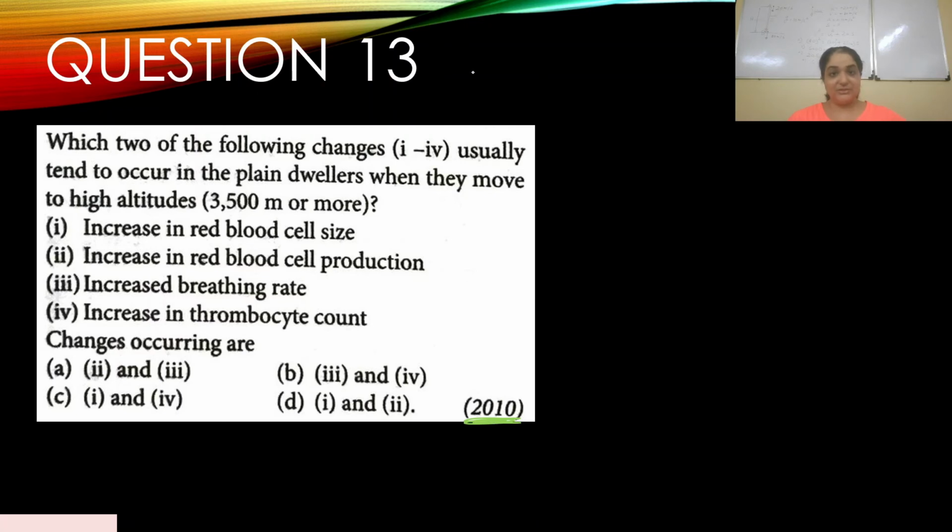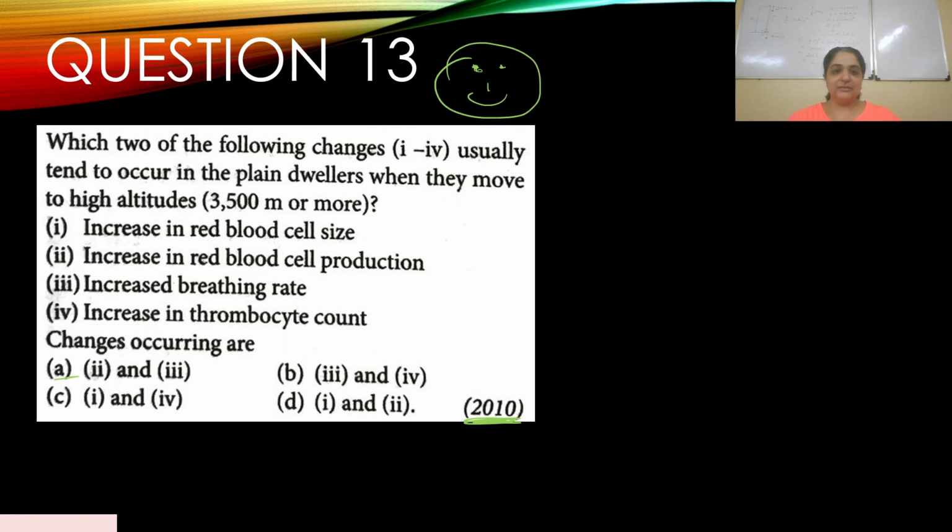This is a very good question. This deserves a smiley face, because you need to think, you need to understand physiology, to be able to answer this question. So the answer should be 2 and 3.